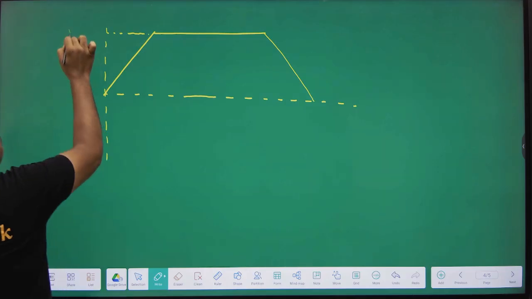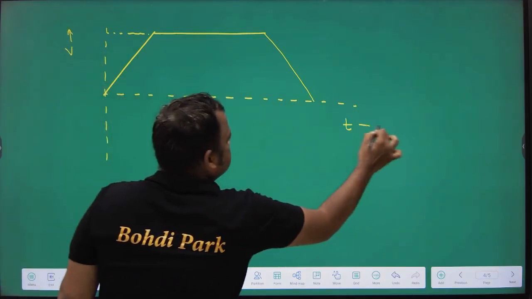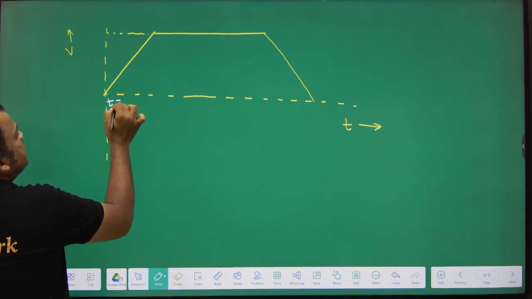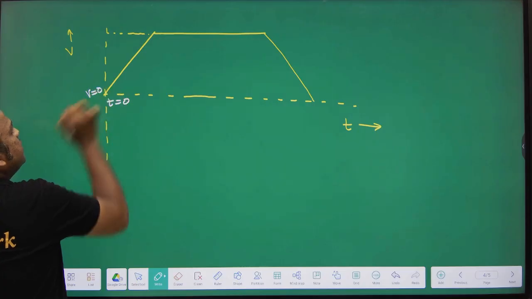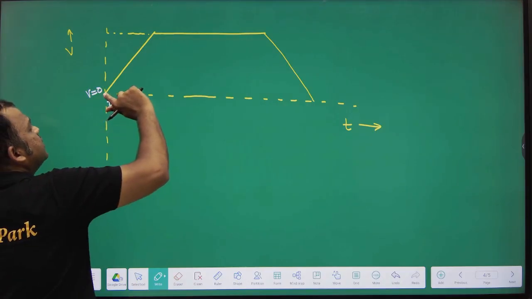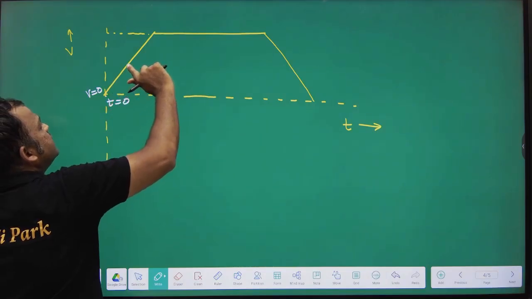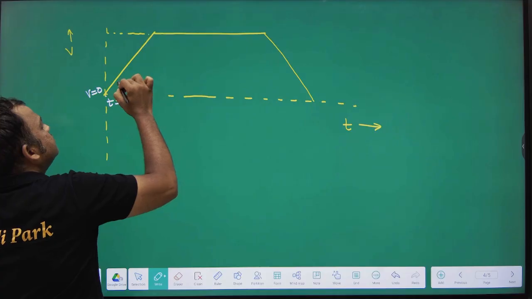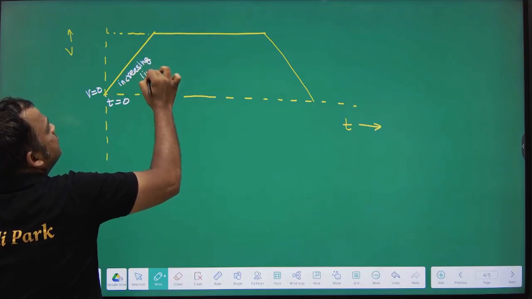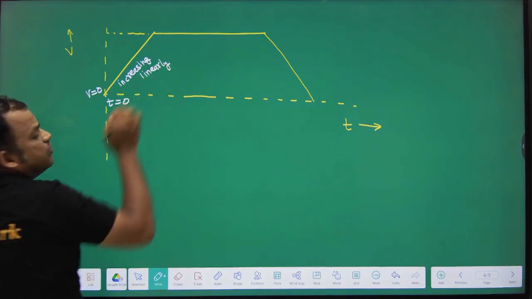So this is the velocity time graph. When time is 0, the velocity is also 0. And as we see this graph, velocity is increasing linearly. Why linearly?